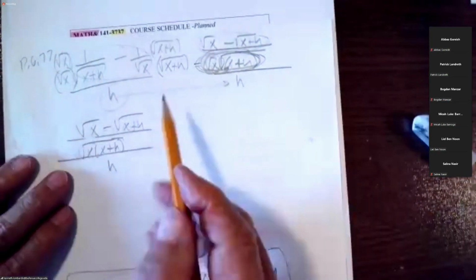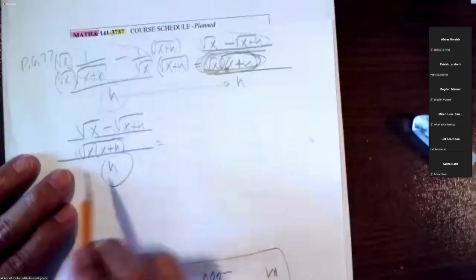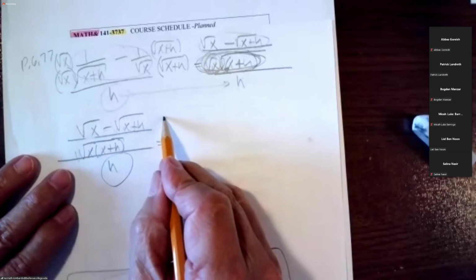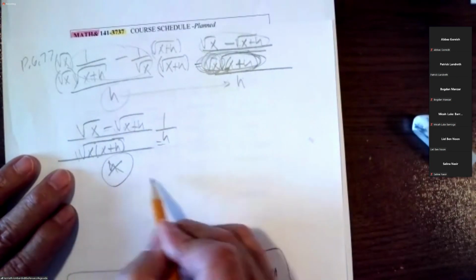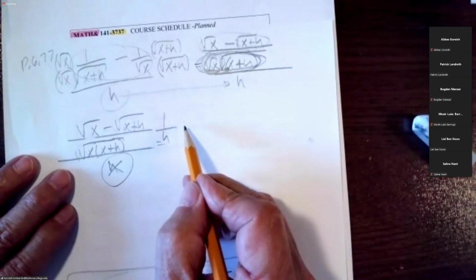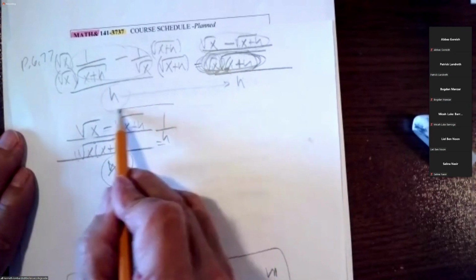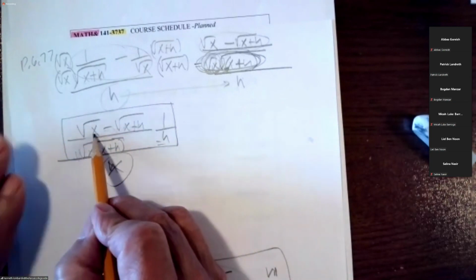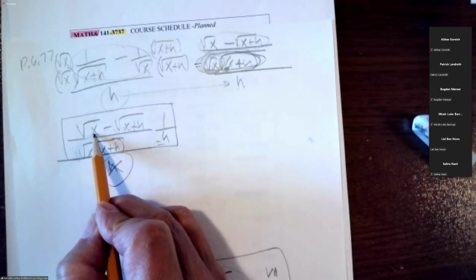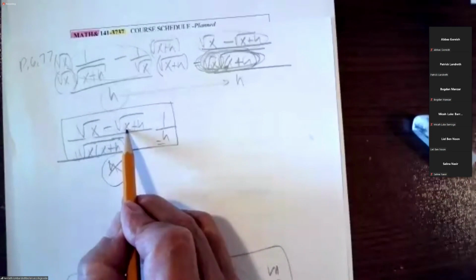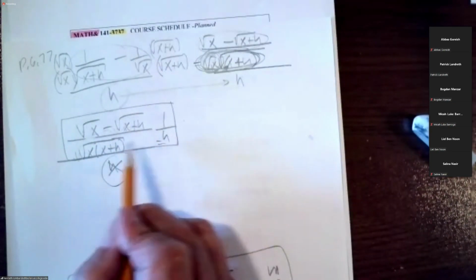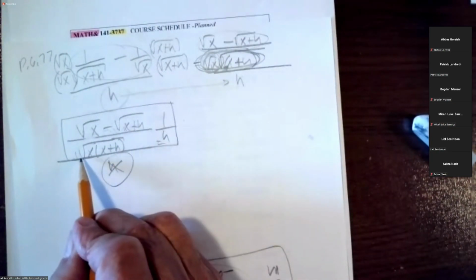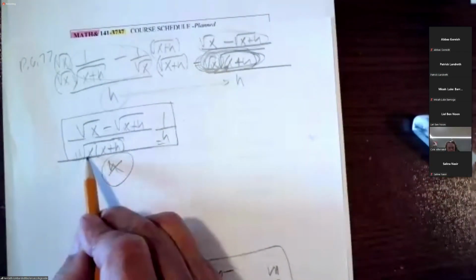Okay. Now I'm going to invert this denominator and multiply. So that becomes 1 over h. So that essentially is my final form. I can rewrite that as root x minus root x plus h over h, times root x plus h, or this times h, either way.